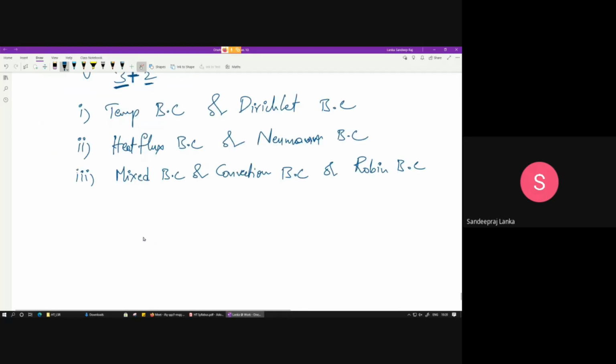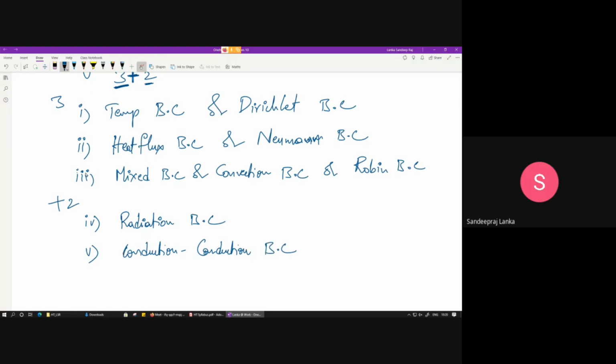These are the three things that you will have. This is 3. Plus 2 is like the fourth one, the radiation boundary condition. The fifth one is the conduction boundary condition. These are all the 5 things.